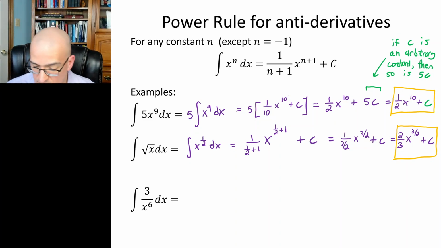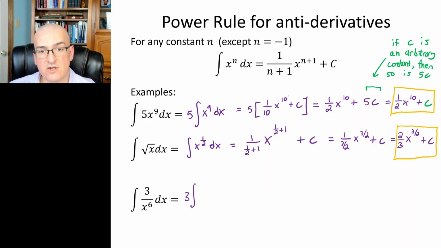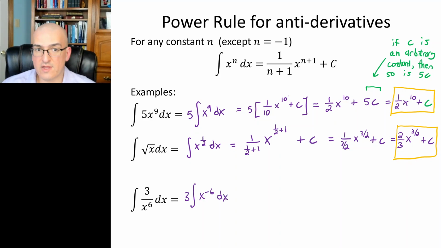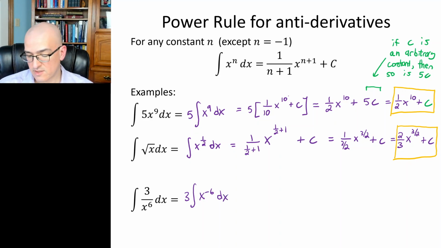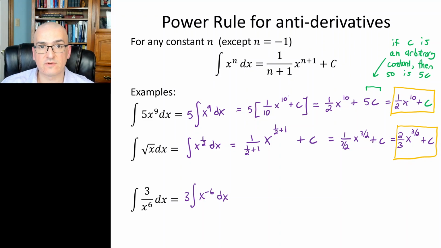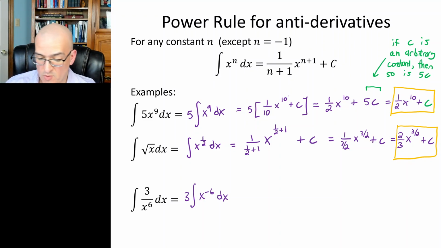Last one. Well, I'm going to do 2 steps in one. I'm going to take the 3 and put it out front. And I'm going to convert x to the 6th in the denominator into an x to the negative 6 in the numerator, using the classic exponent notation for reciprocal exponents.